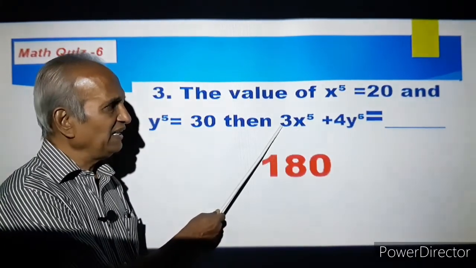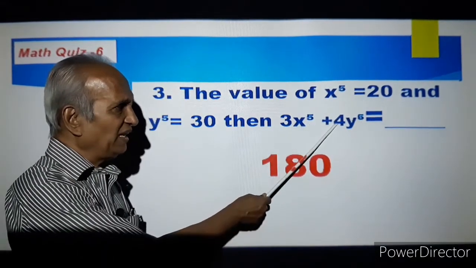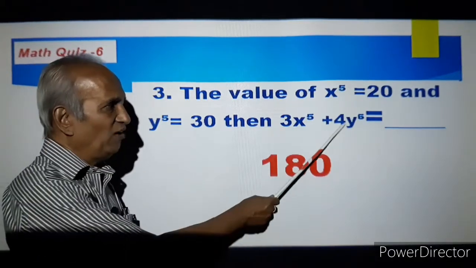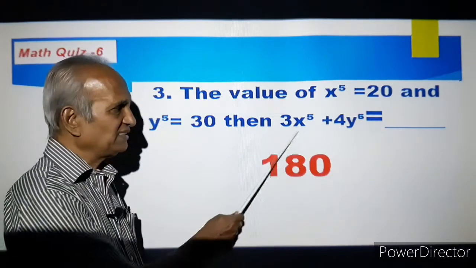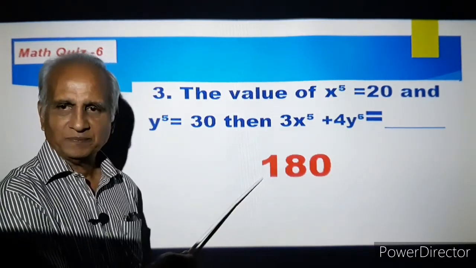It is 3 into 20, it is 60. Here it is 4, y raised to 5 is 30, 4 into 30, it is 120. 60 plus 120 is 180.